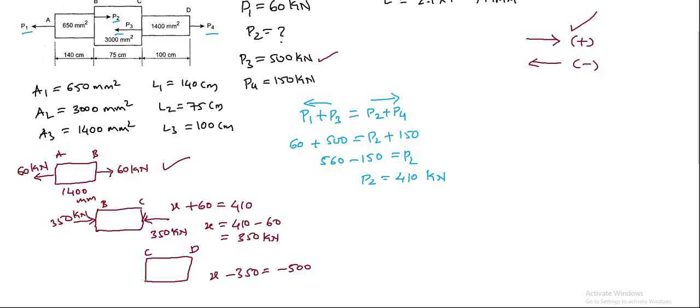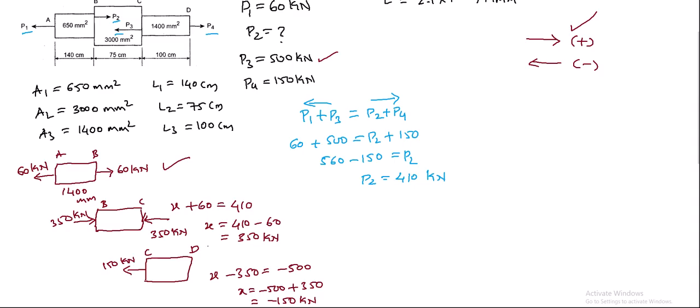On this face it is x, which is unknown. So x is equal to minus 500 plus 350, which is minus 150 kilonewton. So minus means towards my left, so towards my left it should act, which is 150 kilonewton.